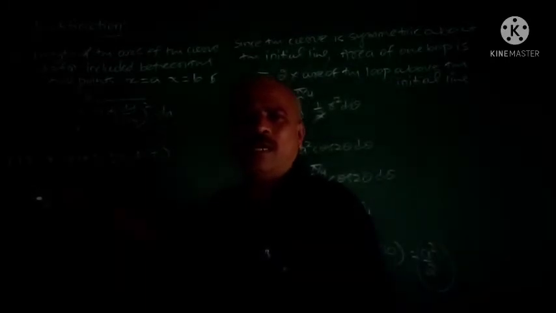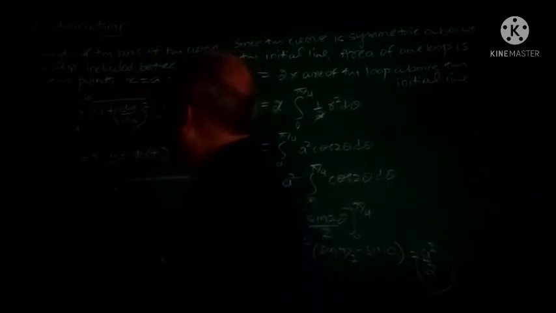No problem, I explain this one. Then you can write, even though it is not visible, you can write this one. The length of the arc of the curve given by x is equal to f(t), y is equal to phi(t) is integral t1 to t2 square root of (dx/dt) whole squared plus (dy/dt) whole squared with respect to t.